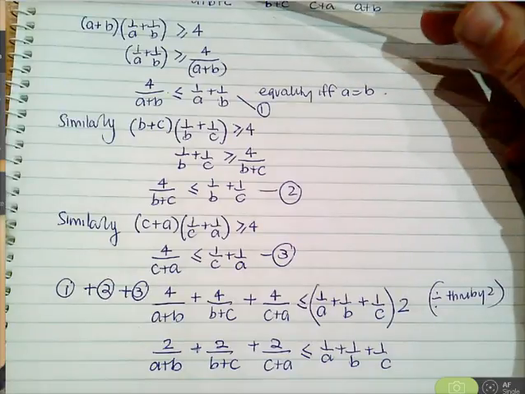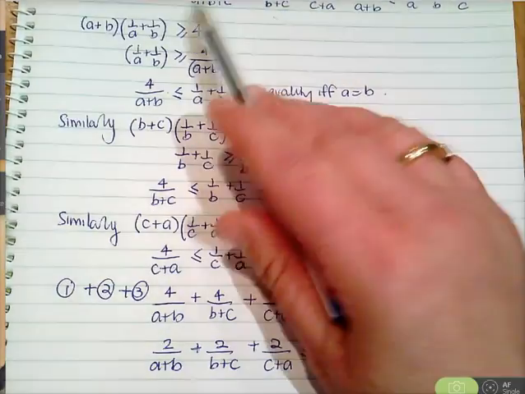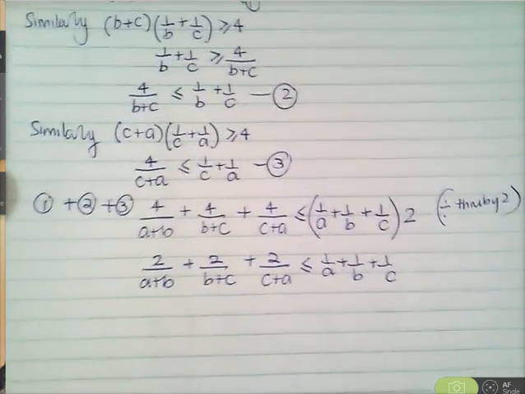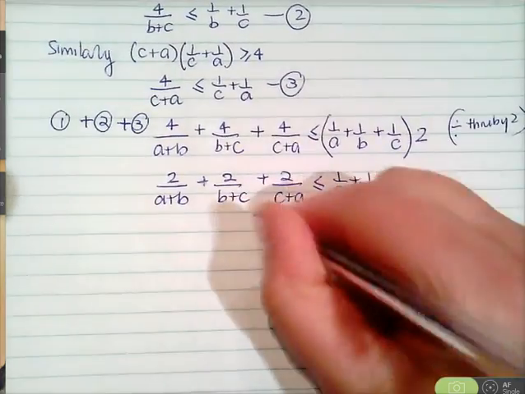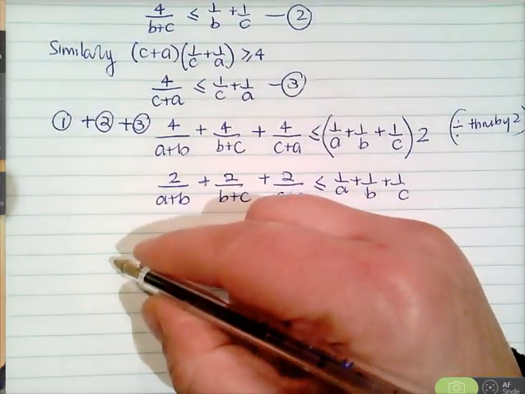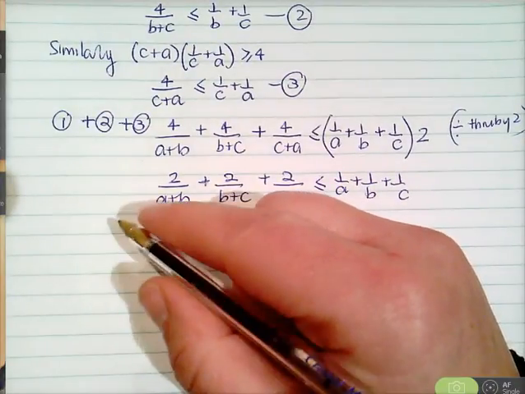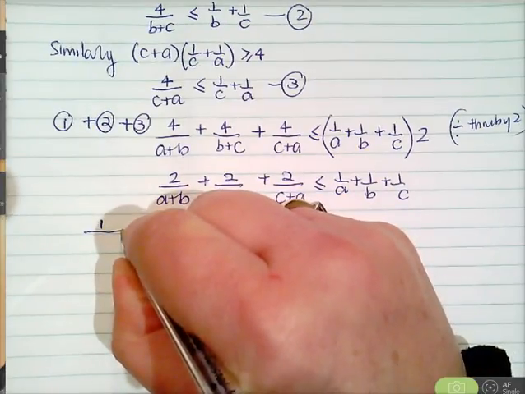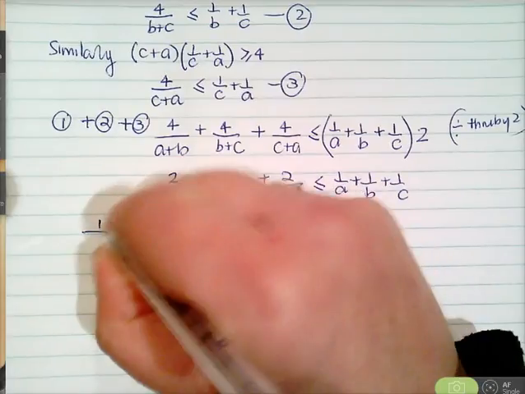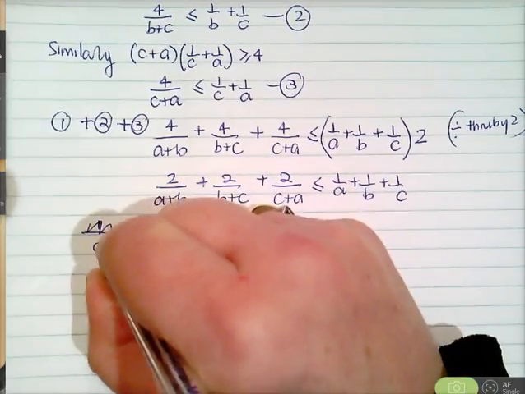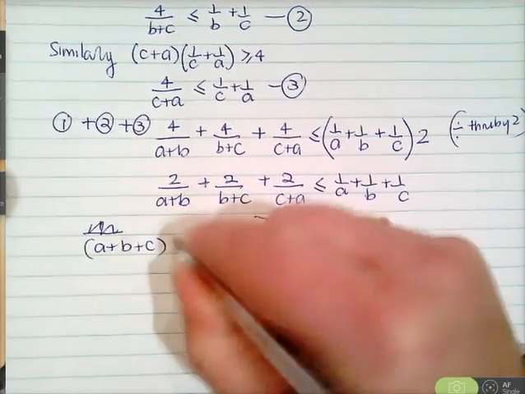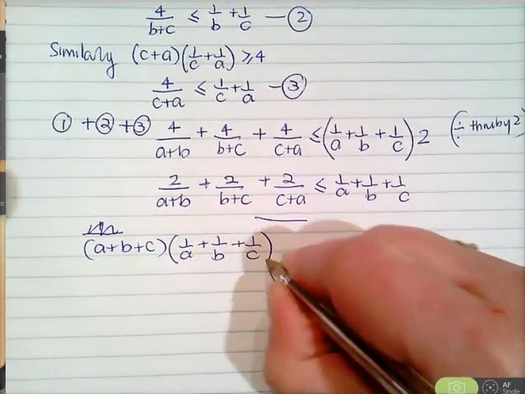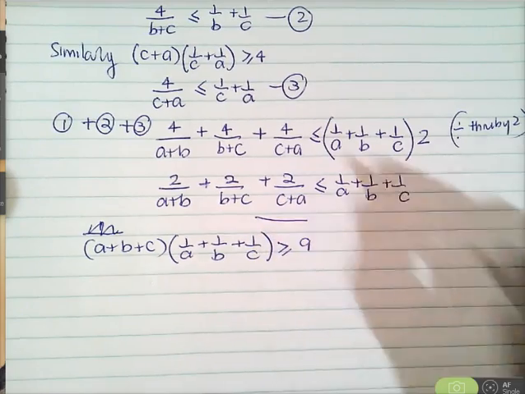Now with the 9 here, and the ABC, it suggests that we need to use the second result that was proven in part B. Now, in part B, the second result that was proven, just finding it, sorry, yes, in part B we had that A plus B plus C times 1 over A plus 1 over B plus 1 over C was greater than or equal to 9.